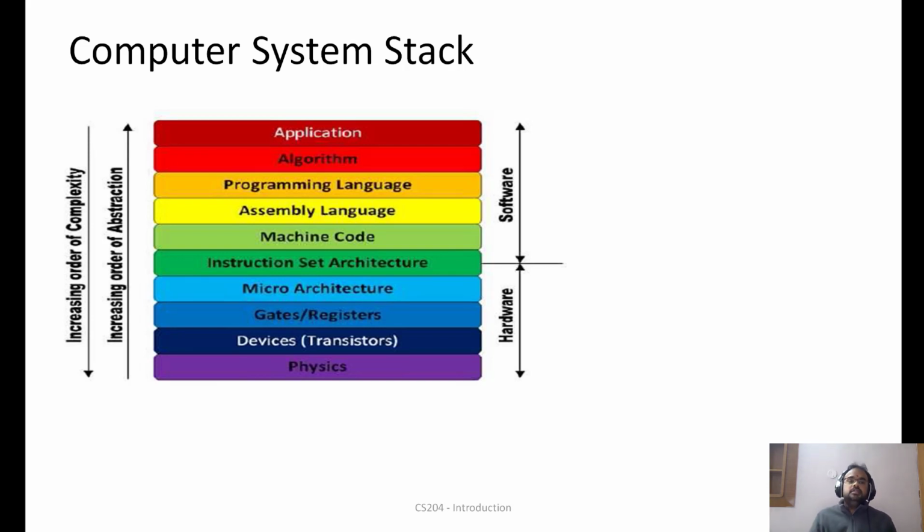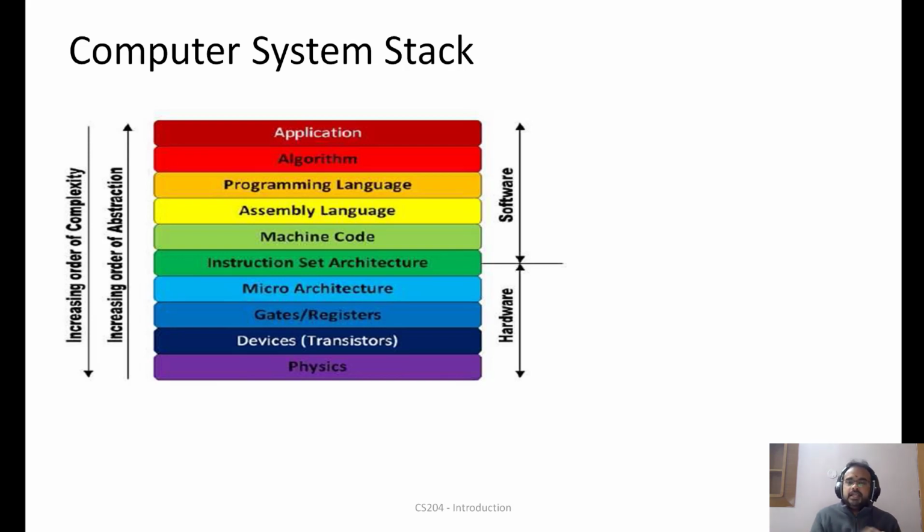Now, what does the CPU do? What are its capabilities? What are its limitations? How do we talk to the CPU? All those will be given to us by what's called the instruction set architecture. Now, the ISA is an abstraction between the hardware and the software layers.